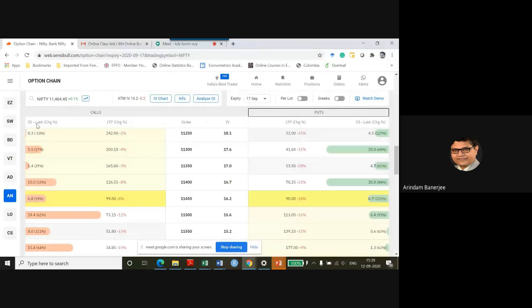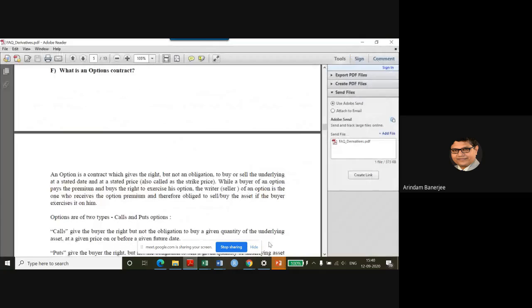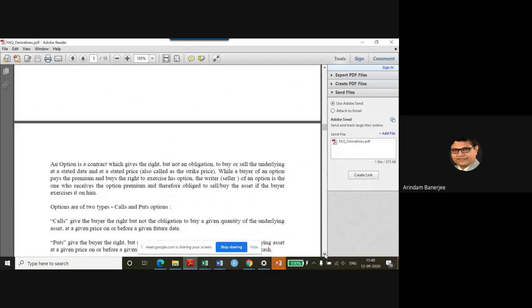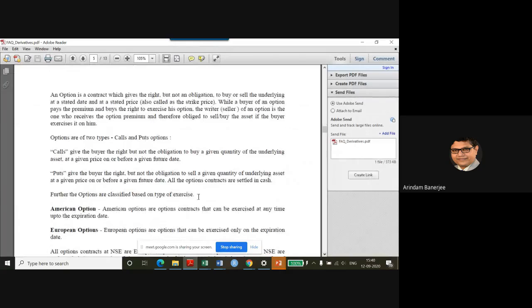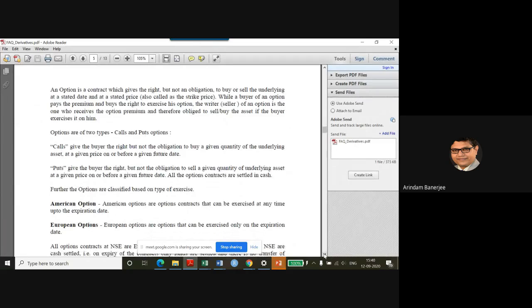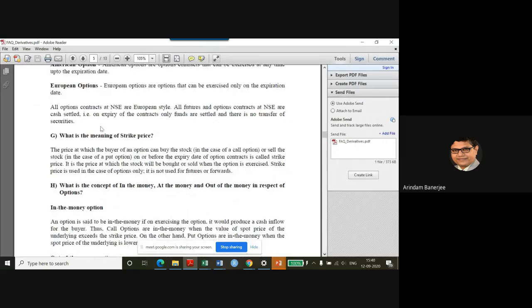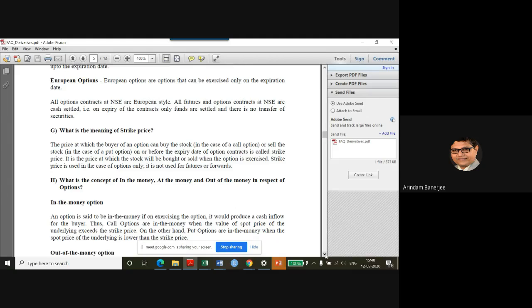Now, the first column of this option chain is called open interest. Okay, before going there, let's see if anything we have left. So we discussed the calls and puts. American option, European option we discussed. All options are European in NSE and they're more popular. The meaning of strike price we have already discussed, the price at which the two parties agreed to get into this contract.